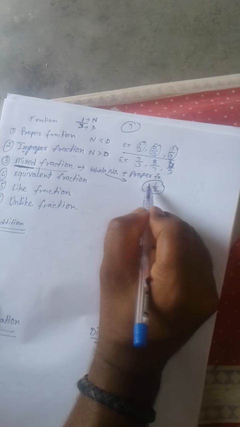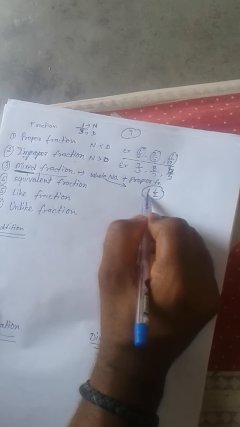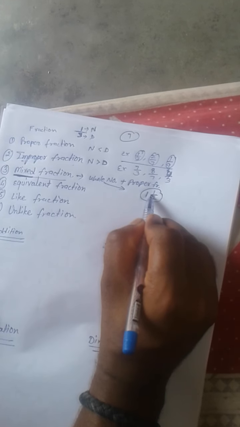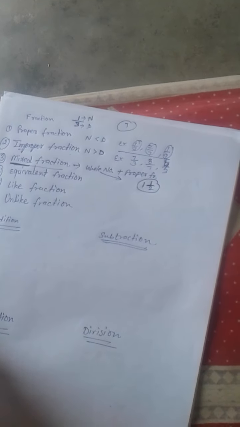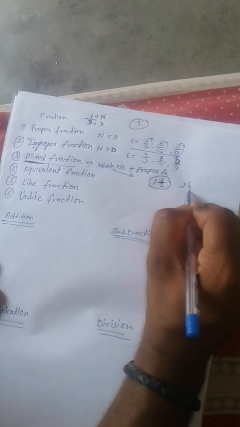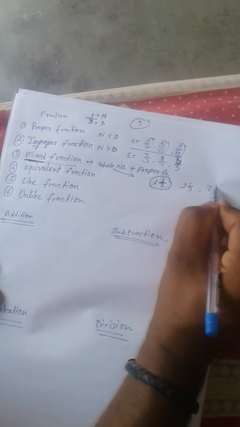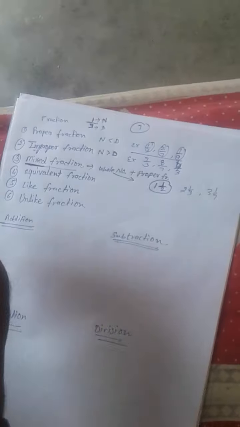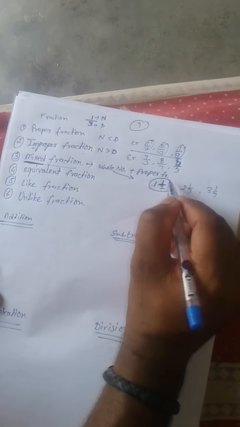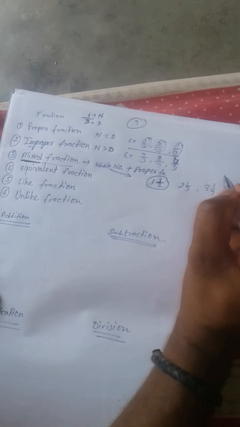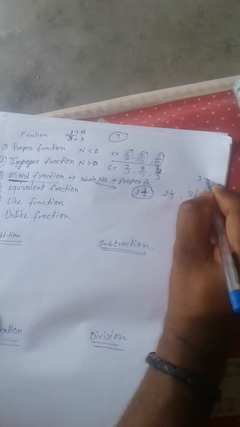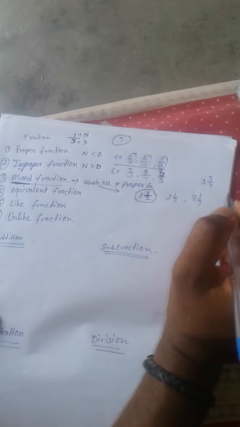Why? Because it is a combination of the whole number 1 and 1 by 2, which is a proper fraction. Similarly, 2 whole 1 by 3, 3 whole 1 by 7. The notable thing is that this fractional part must be a proper fraction. Suppose I write a fraction here, 3 whole 7 by 4.